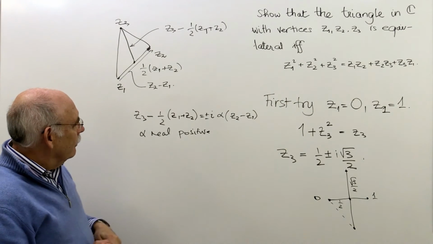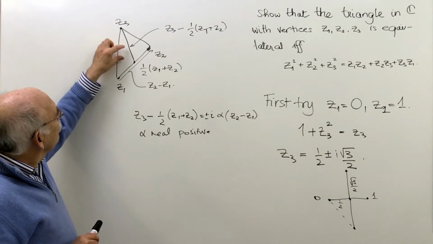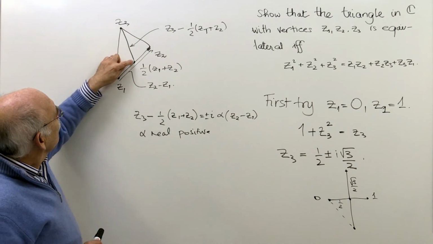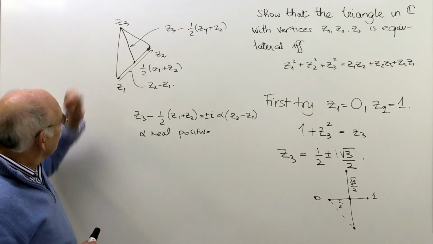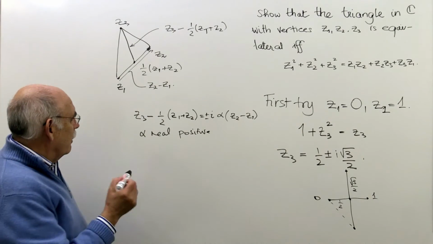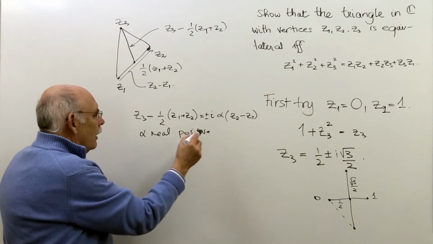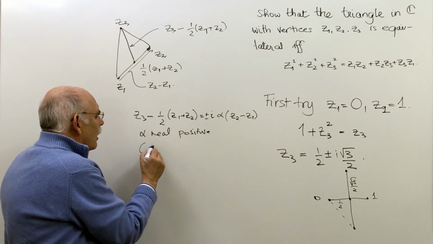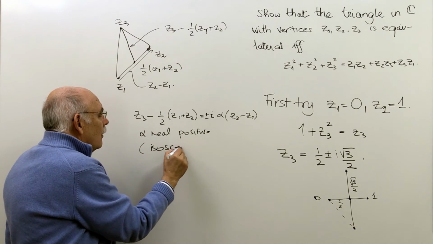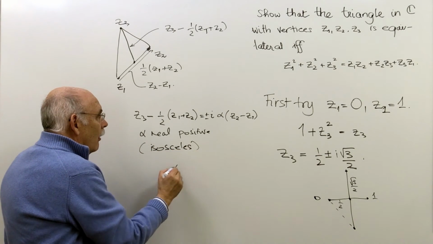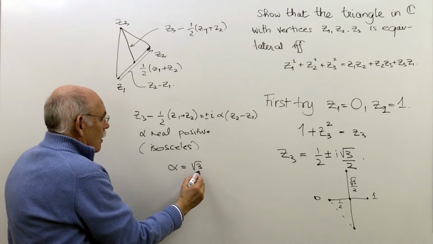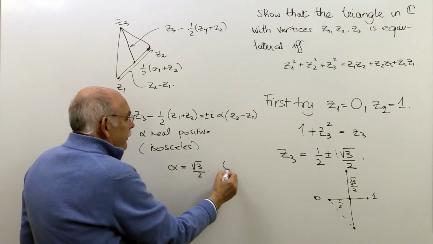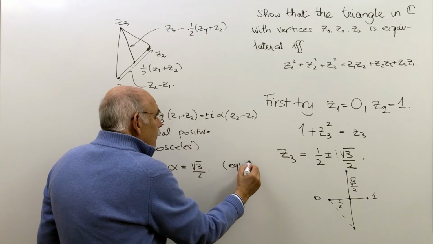So this makes alpha real and positive, and then to ensure that the length here is root 3 times that length, in other words, to ensure that this angle is pi over 3, this is the condition for isosceles, and alpha has to be equal to root 3 over 2, and this is the condition for equilateral.